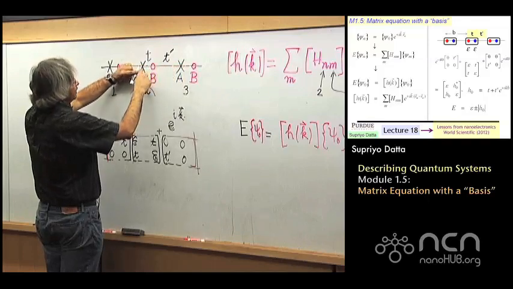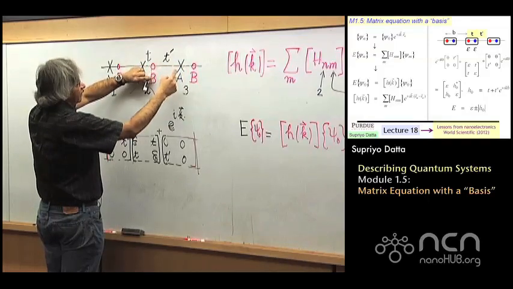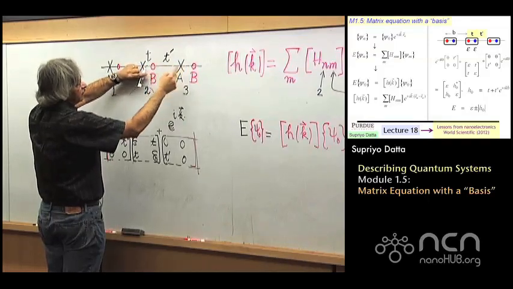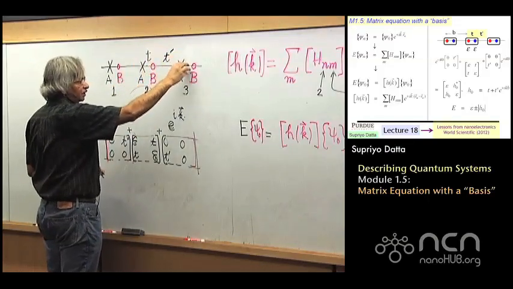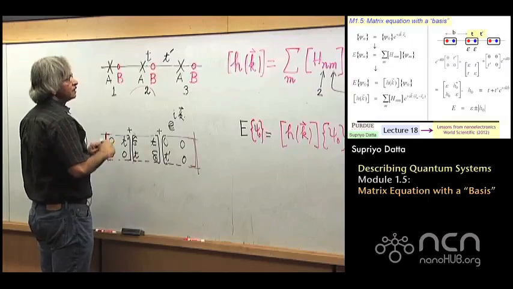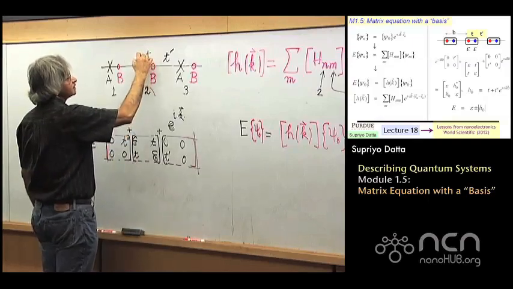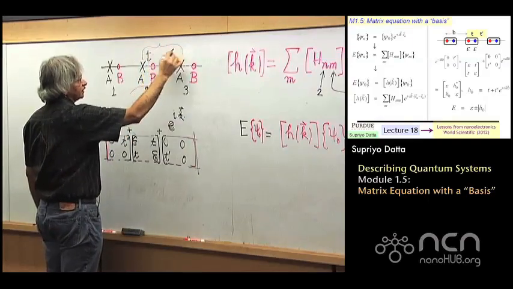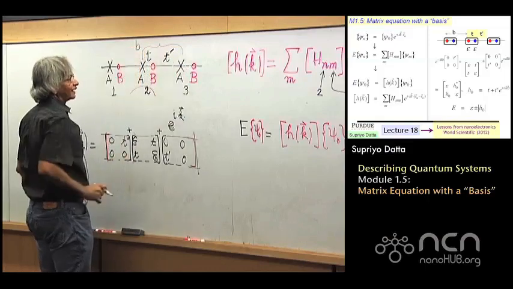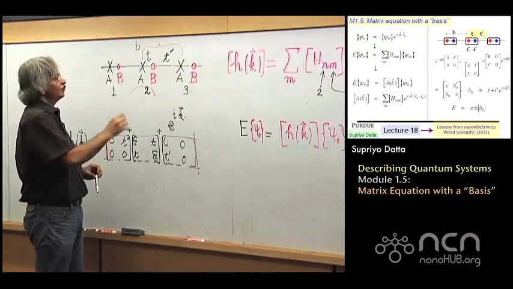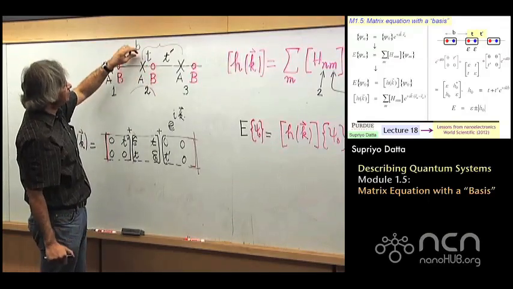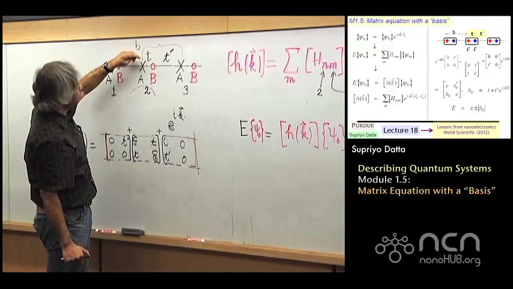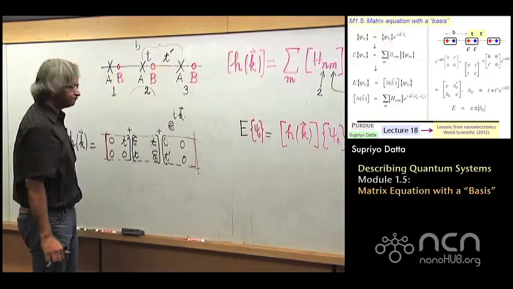And you could run it from the black point to the black point, or the red point to the red point, or from middle, as long as you go from some point in this cell to a corresponding point on that cell. That's fine. So let's say we call that distance, from one unit cell to the other, b. Previously I had used a for the lattice spacing. I'm just using a different symbol so you remember. It's actually now the distance from one unit cell to the next.